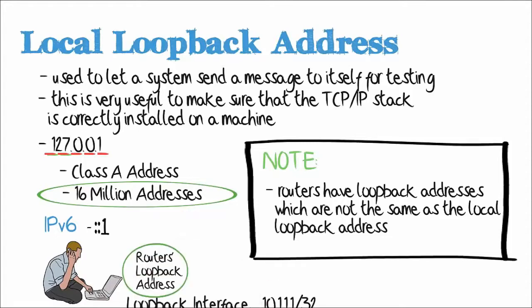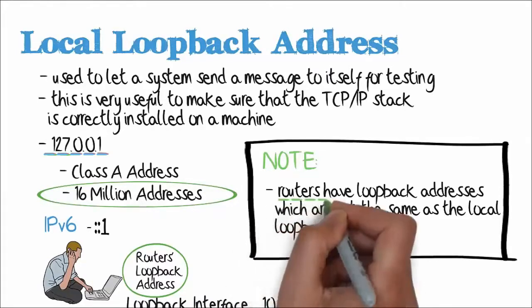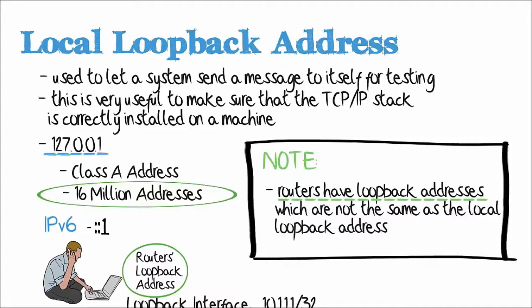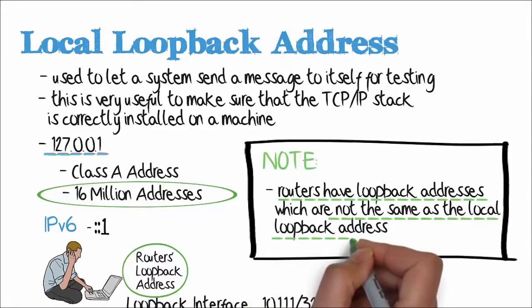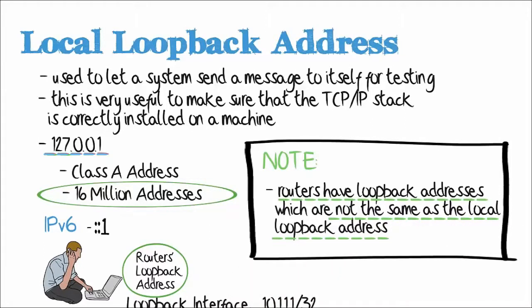But network engineers may refer to the router's loopback IP address, and they are referring to this IP address and not 127.0.0.1. I will explain in a moment what a network mask does, but what I'd like to point out here is that routers and switches have separate loopback addresses which are different to the local loopback address that we're discussing now.